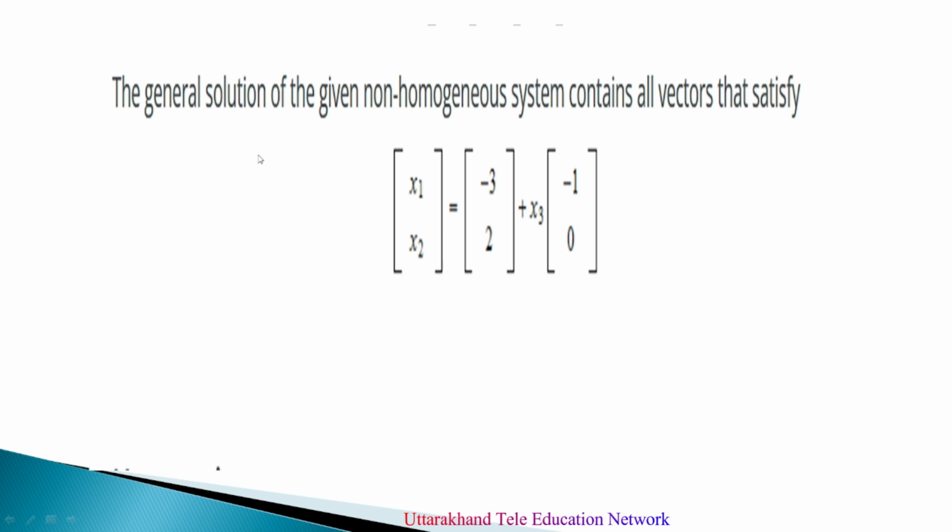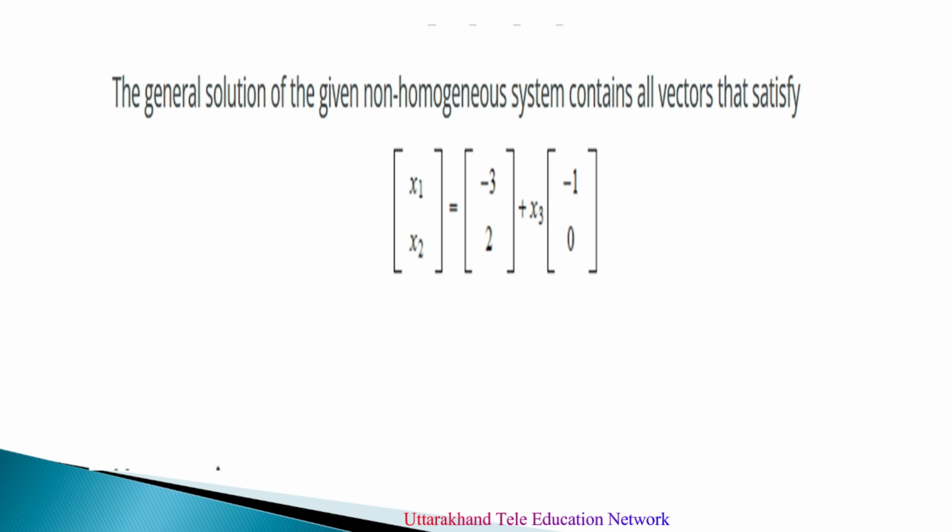The general solution of the given homogeneous system contains all vectors that satisfy x1, x2. This is the sum of the particular solution of the non-homogeneous equation and the general solution of the homogeneous equation. In this way we get the general solution of a non-homogeneous equation. I think this is quite enough to clarify the points.